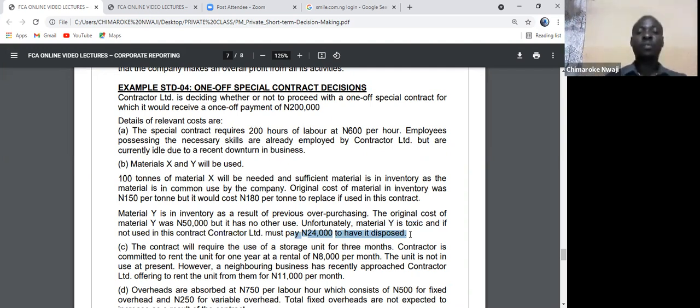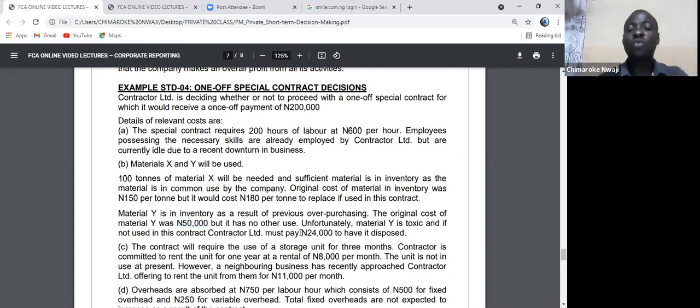So you see, it cost us 50,000 naira when we bought it, but the company has no other use for it. So it's just there. If you don't use it, it's not valuable to the company. It is toxic. And so since it is not valuable to the company, it's as good as saying the value is zero. But now something is happening here.